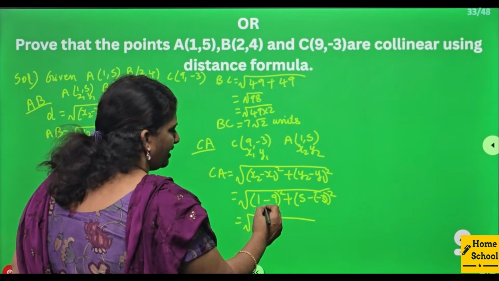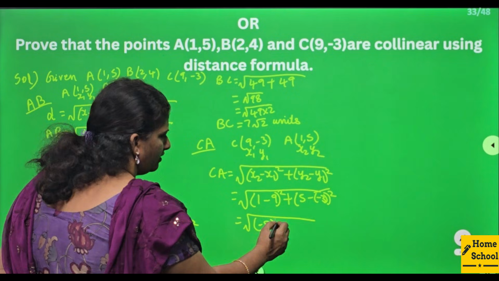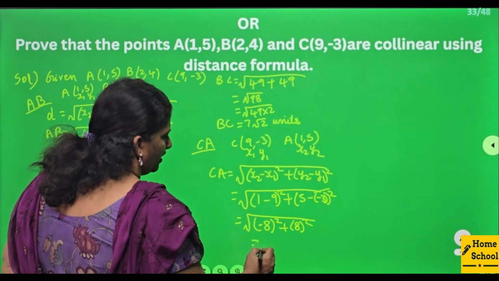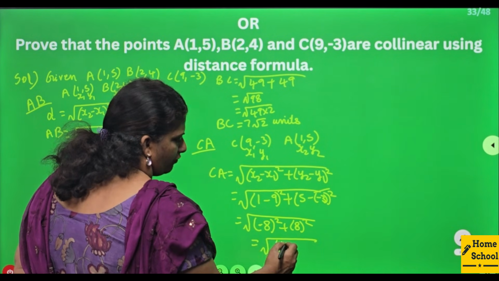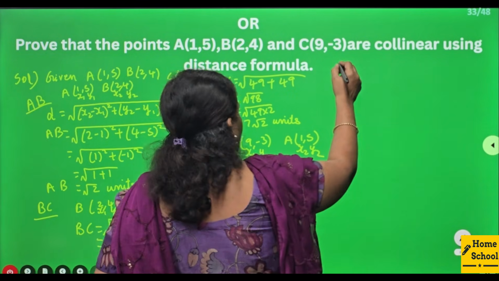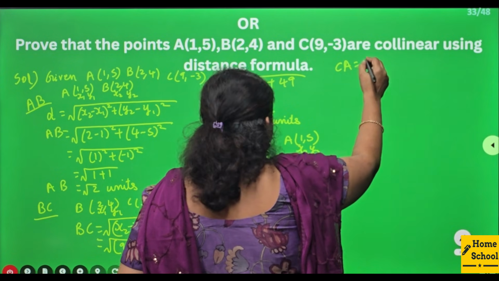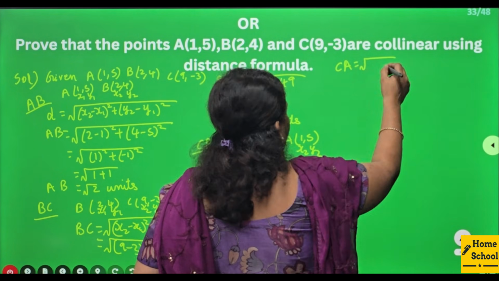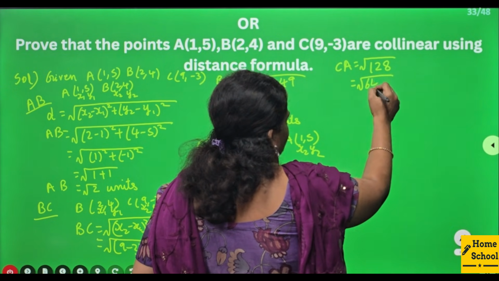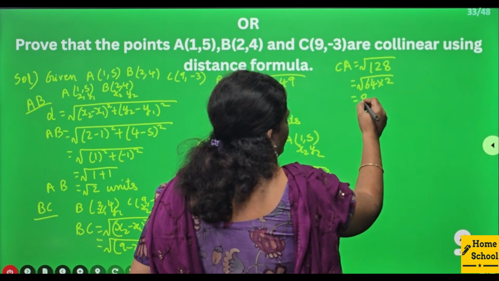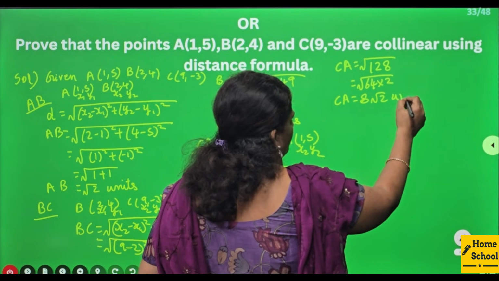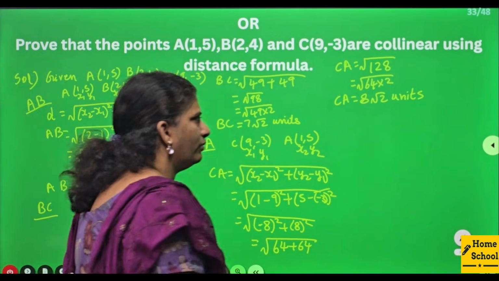That is 1 minus 9 is minus 8 whole square. Minus into minus plus, 5 plus 3 is 8 whole square. Minus 8 whole square is 64 and 8 whole square is also 64. Then CA is equal to 64 plus 64 will be 128. 128 can be written as 64 twos. That is 8 root 2. 64 if you bring outside, 8 8s are 64. So that is 8 root 2 units.